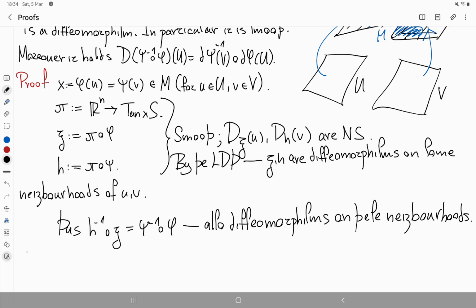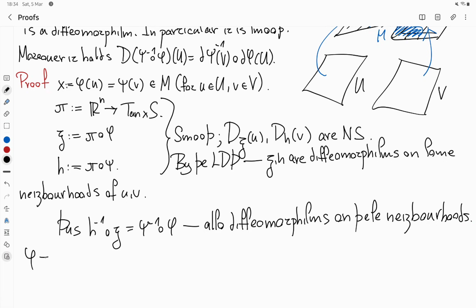Now, phi is equal to xi composed with xi inverse composed with phi. We can do this because composition is associative. Now, this implies to us that Jacobians also behave this way.